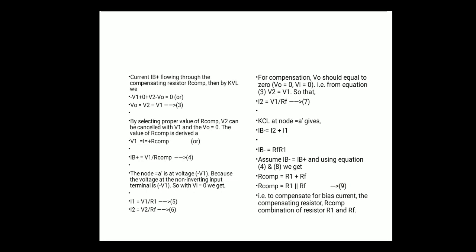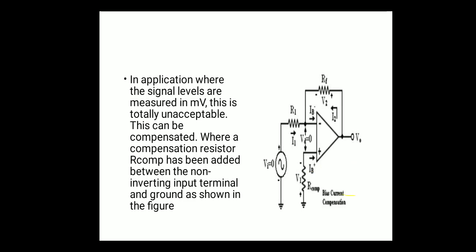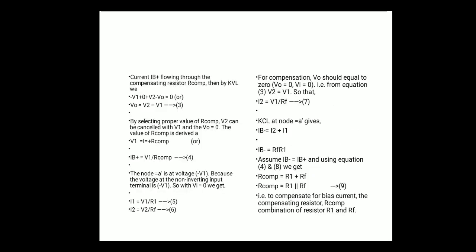First, the current IB flowing through the R compensation develops a voltage V1 across it. Applying KVL to this circuit, we have V0 equal to V2 minus V1. Now by selecting the proper value of R compensation, IB plus, the base current in the non-inverting terminal, may be V1 by R compensation.